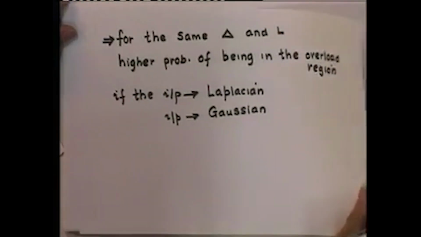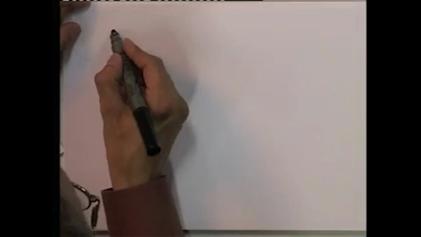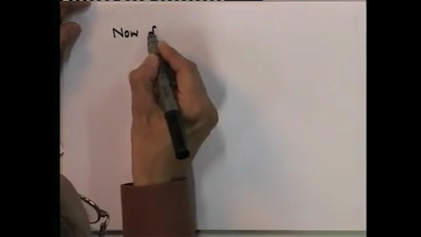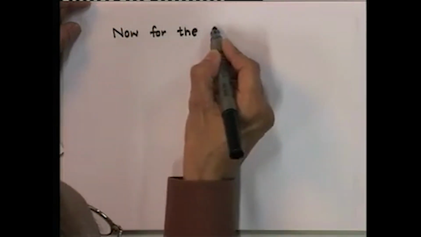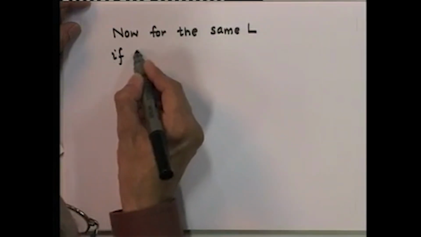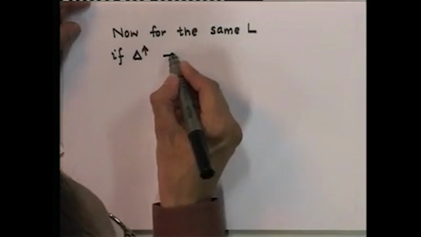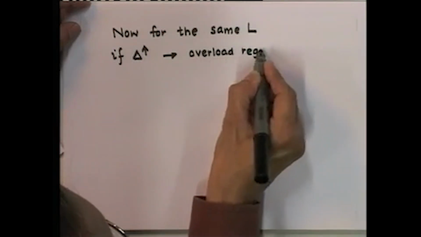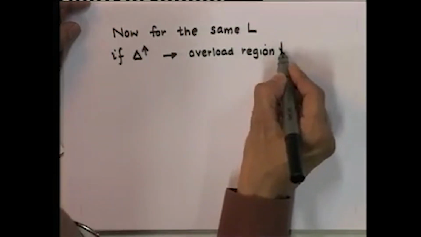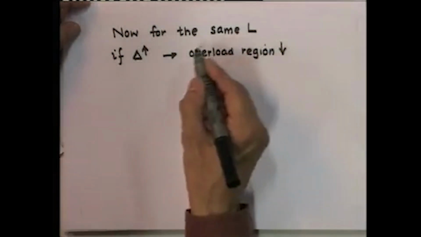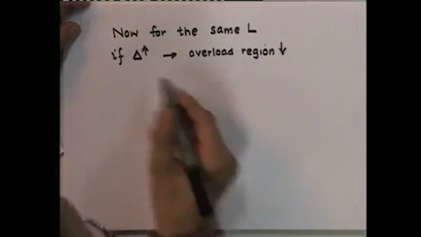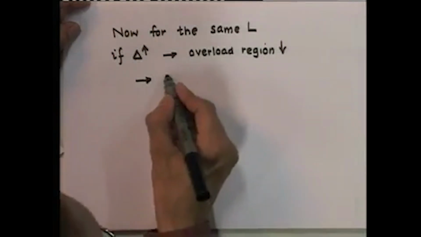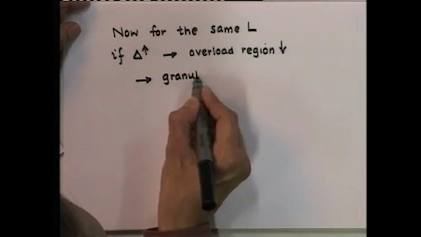So, this implies that for the same number of quantization levels, if we increase the step size, then the size of the overload region is reduced, and hence the overload probability decreases at the expense of increase in the granular noise.